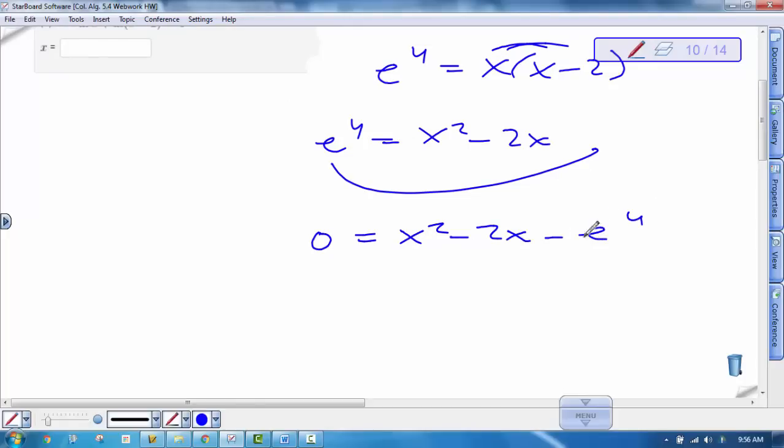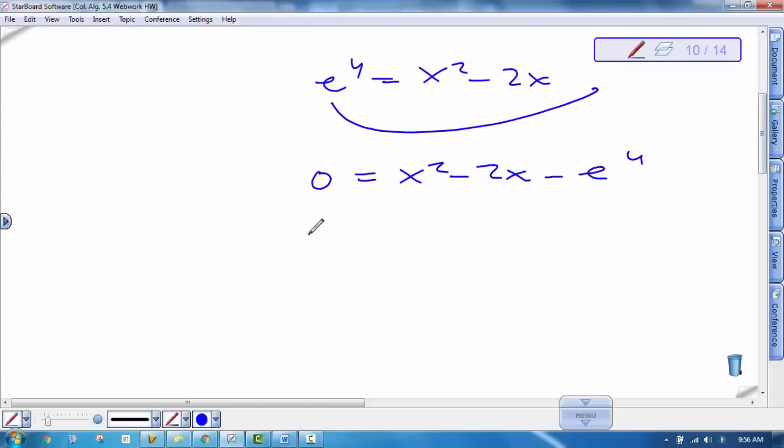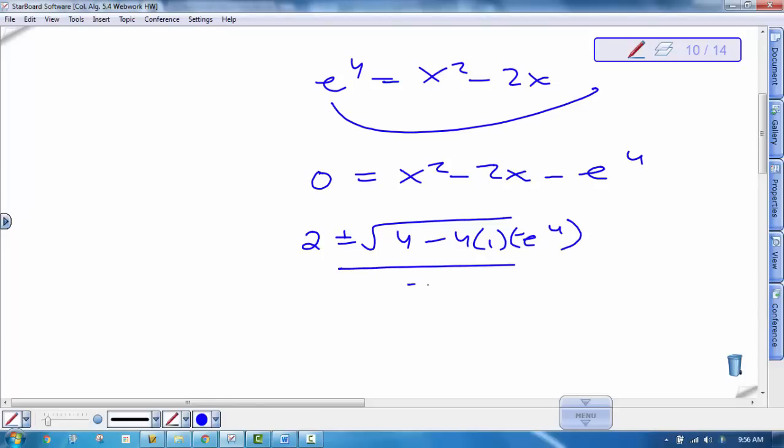Now I know it doesn't look like a quadratic, but this is just the constant term right here. So I can do the quadratic formula, which is the opposite of b, plus or minus the square root of b squared minus 4ac, all over 2a.